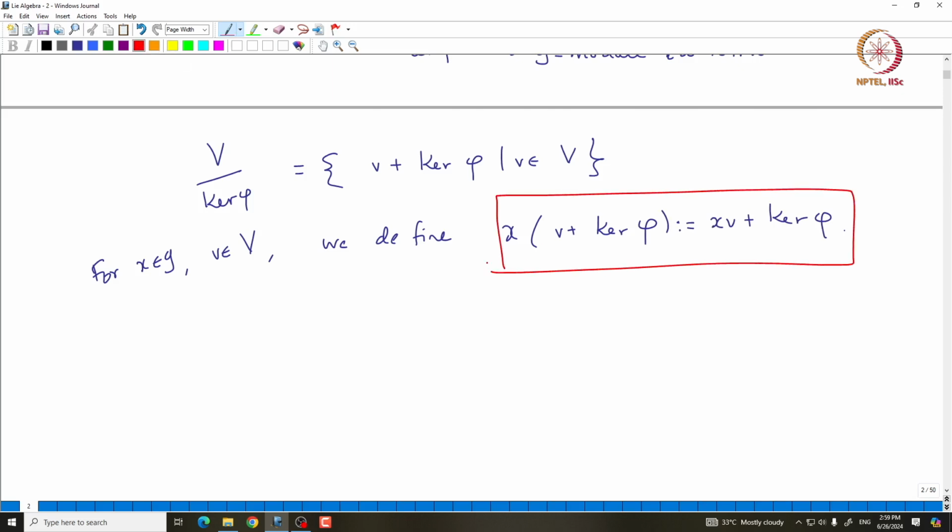Now, it is easy to verify this indeed gives a well defined action, because we are actually going modulo the kernel.